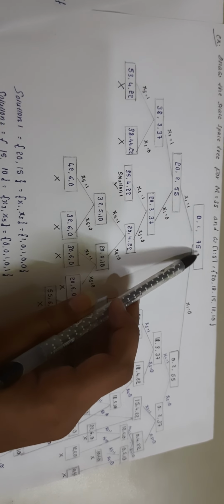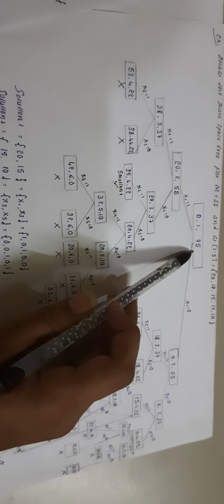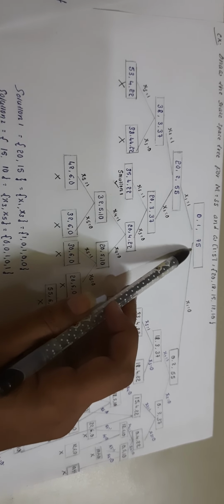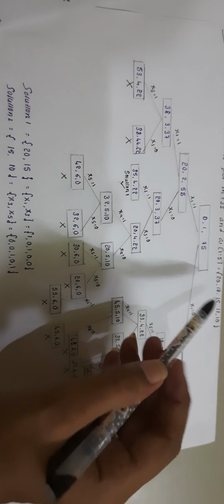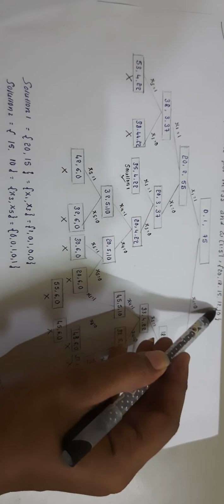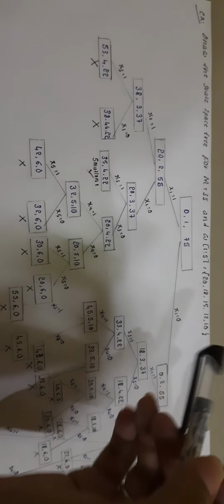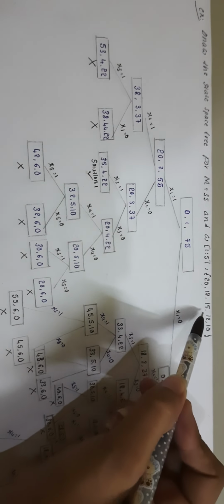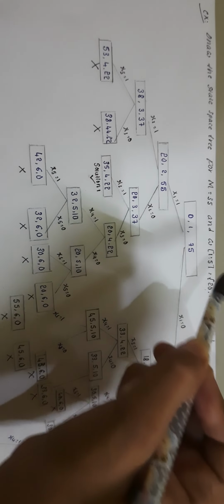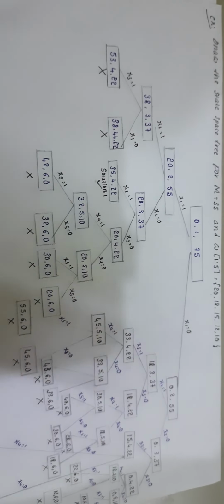Now we consider the first object. Sigma wi is the sum of the weights in the weight vector, that is 20 plus 18 plus 15 plus 12 plus 10 is equal to 75.